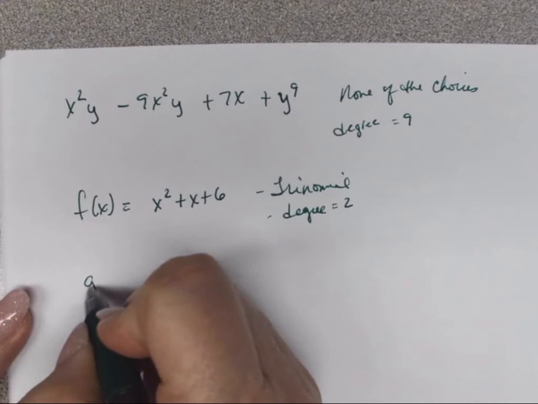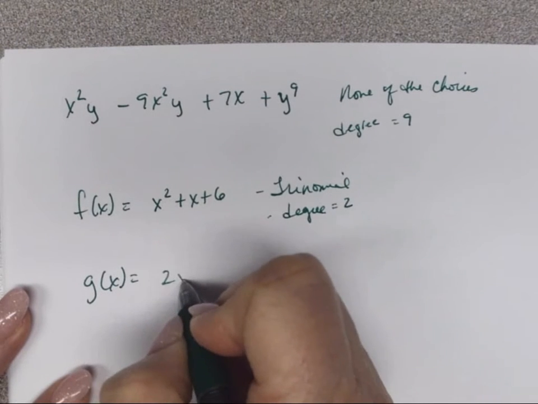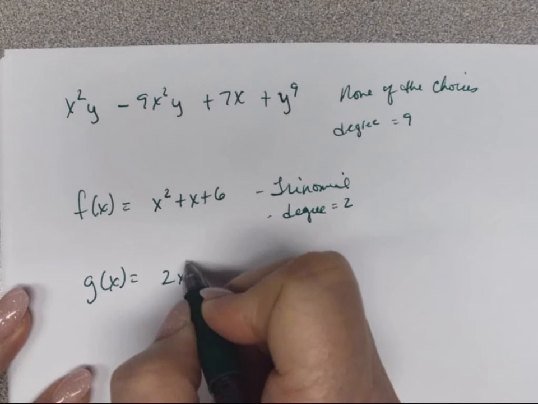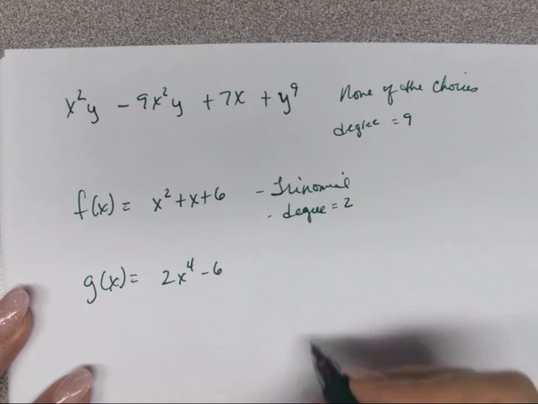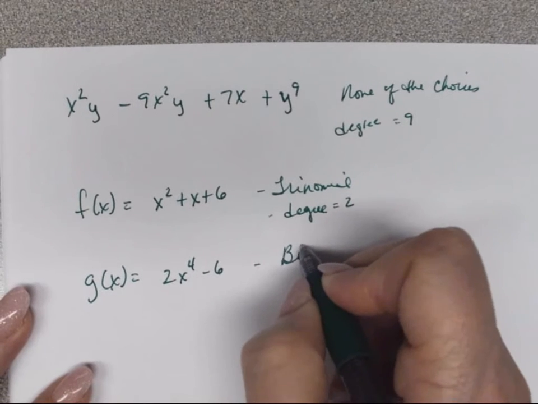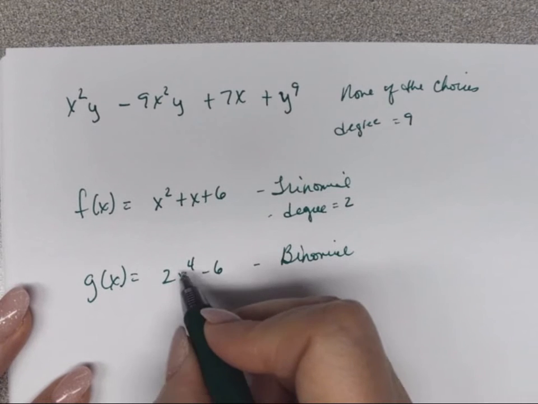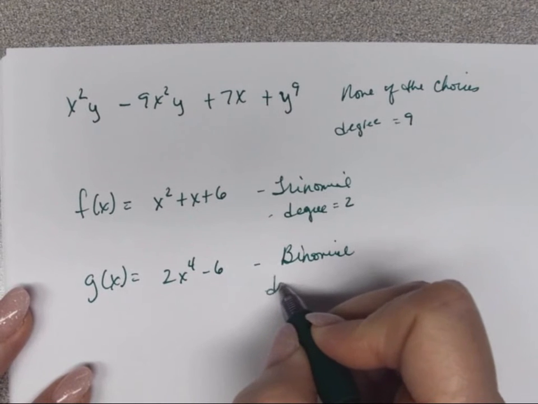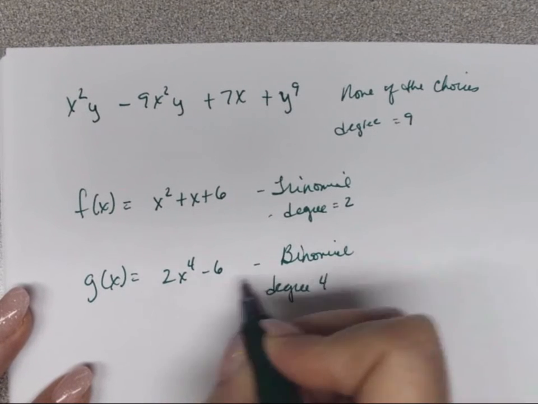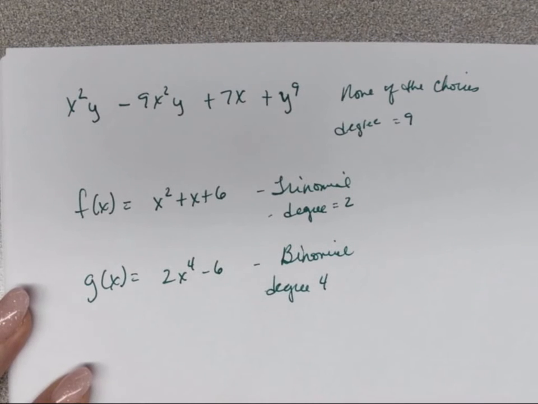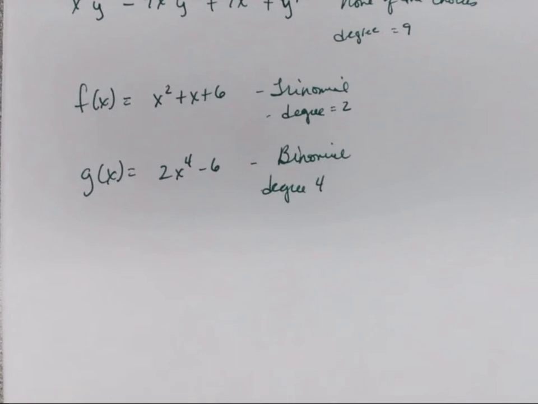If we look at g of x is equal to 2x to the 4th minus 6, this is a binomial, and it has a degree of 4, because 4 is the only degree we actually have in there.